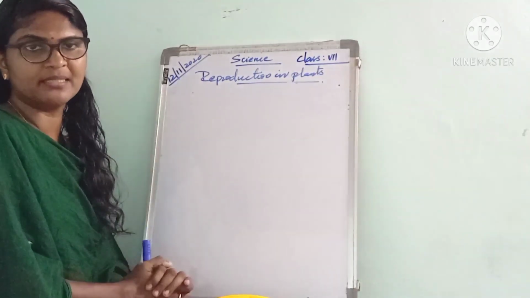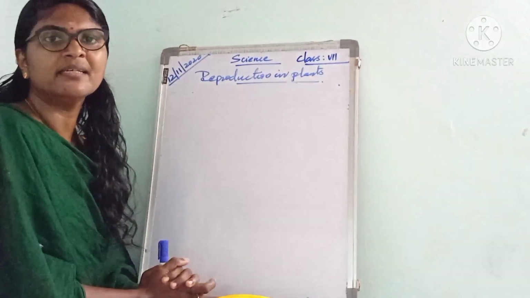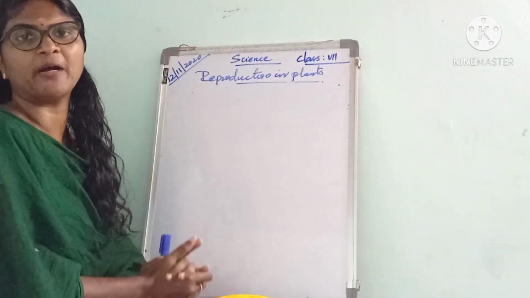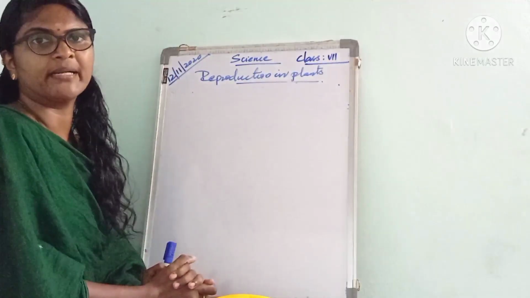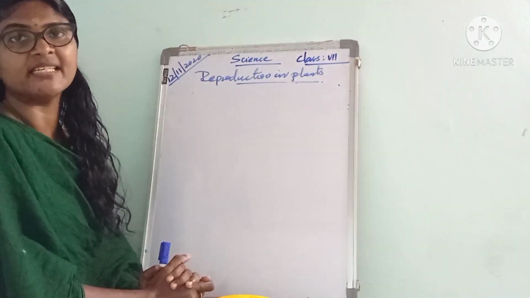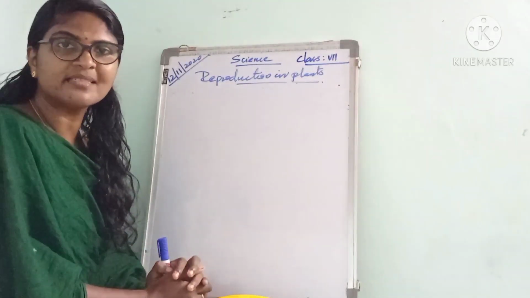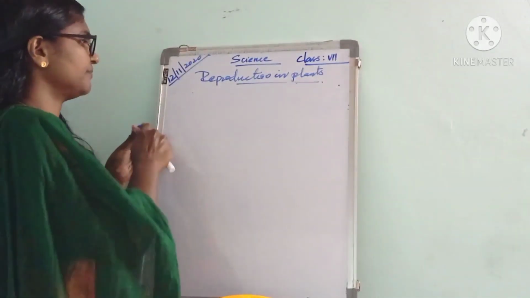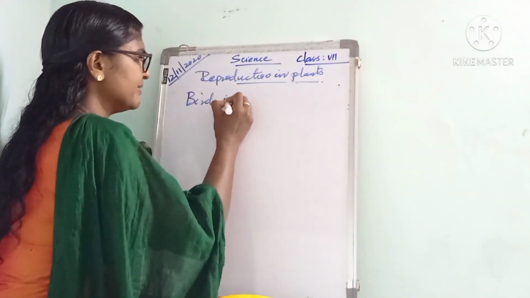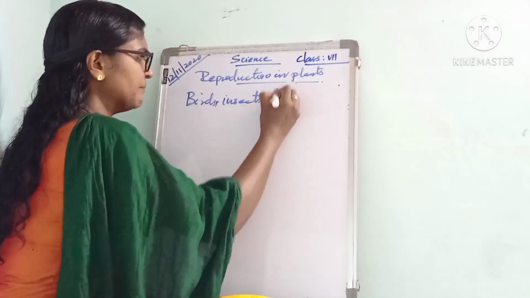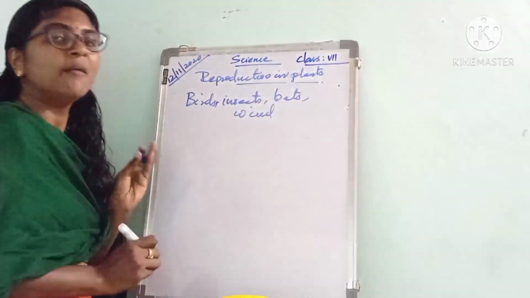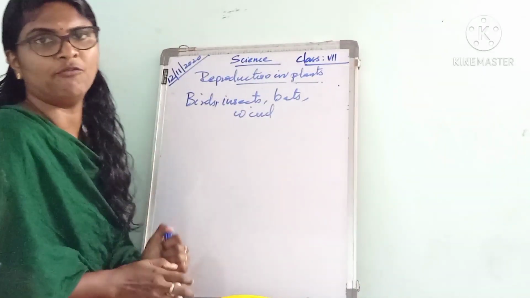It is through birds, insects, bats and wind. These carry pollen grains from flower to flower.